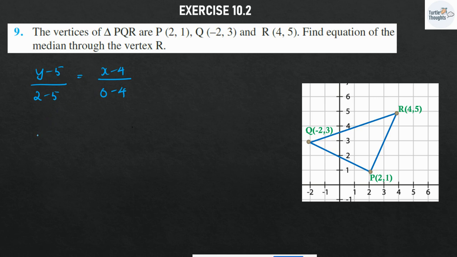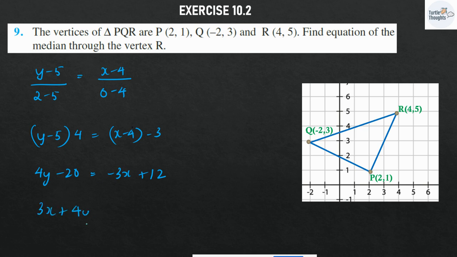When I take the cross product, I will be getting (y - 5) multiplied by 4 equal to (x - 4) multiplied by (2 - 5), which I can write as -3. So I will be getting 4y - 20 equal to -3x + 12. Transferring this to the other side, I will be getting 3x + 4y, and here it is, minus, or have I missed something?